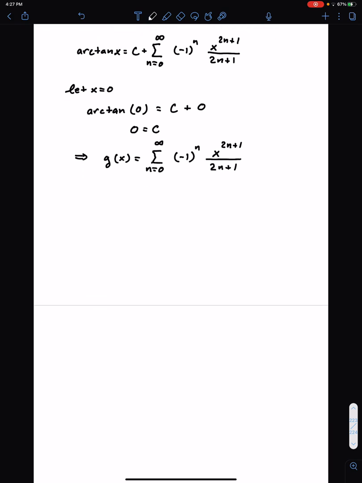Based on this, find the arctangent of 1. If I want the arctangent of 1, I'm going to compute g of 1, which is equal to the sum, as n goes from 0 to infinity, of negative 1 to the n, 1 to the 2n plus 1, divided by 2n plus 1.